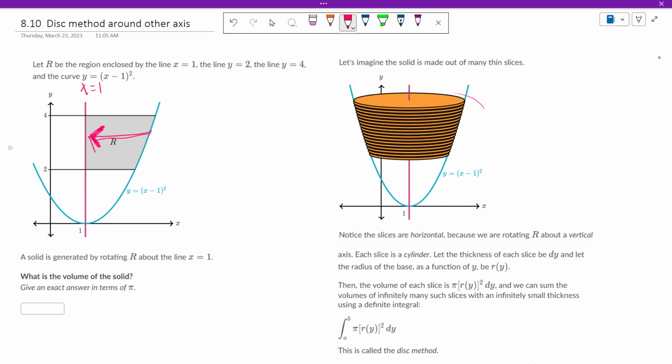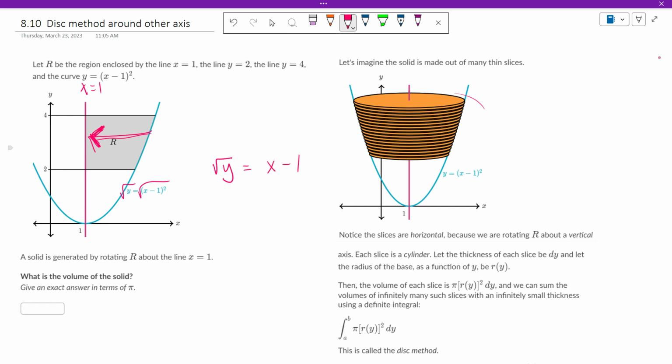Yep. Okay. So this one, since we're wrapping around a y line, like the y-axis, it's going to be the line x equals 1. What we have to do is solve for x. Get x alone. So what do we do? Well, we take the square root of both sides. So the square root of y equals x minus 1.